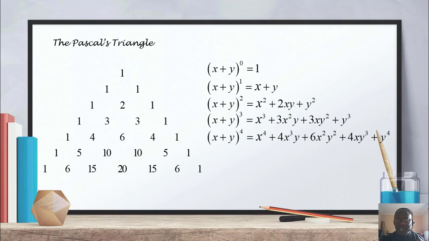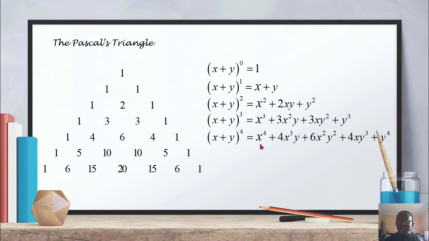Okay, let's focus on this one and make sure that we understand what we're doing here. So we've got x plus y raised to the power 4, and in order for us to expand that, we're going to use this row here. So the coefficients are 1, 4, 6, 4, and 1.